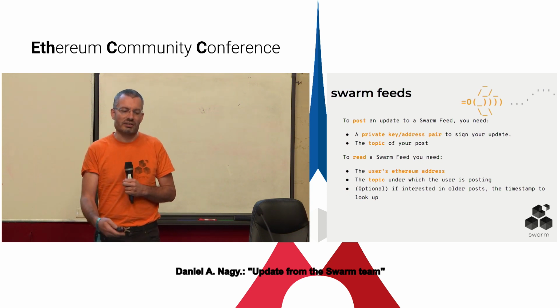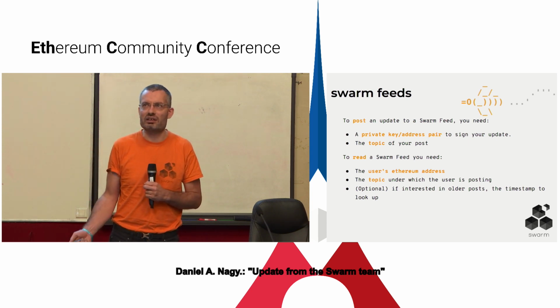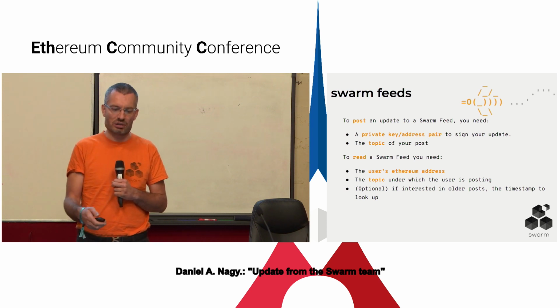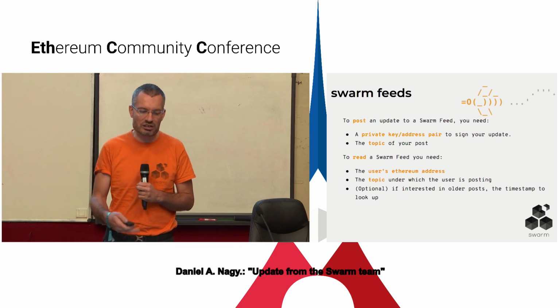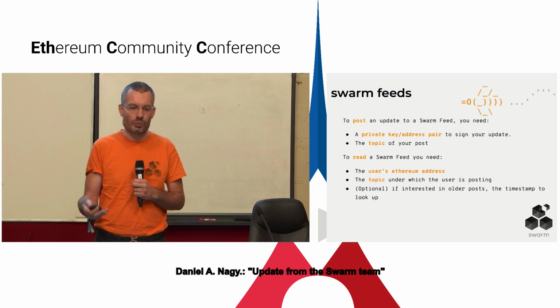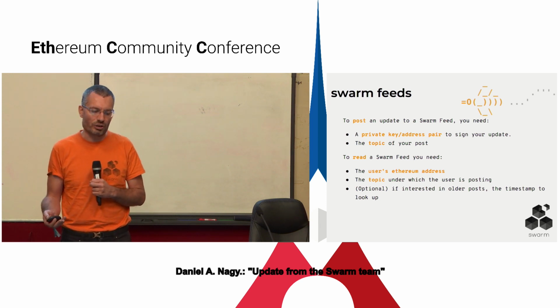Provided that somebody paid for its storage, so it does not come with an automatic guarantee of availability. Swarm feeds do not give you that, but Swarm in the future will have that, and it's not even necessarily needed for all applications.